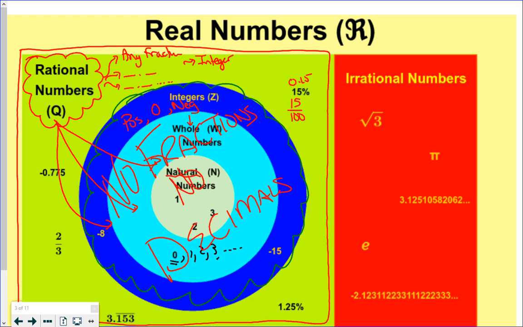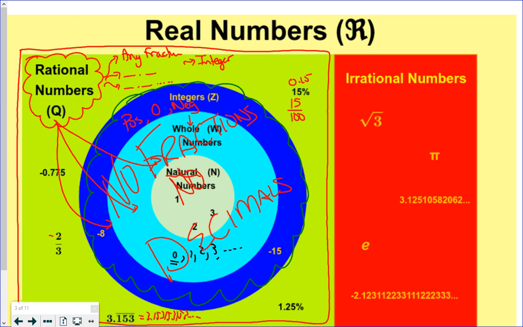Okay. 3.153 with the bar over the top means 3.153, 153, 153. So that is a repeating decimal. Okay. Negative 2/3. Negative 2/3 is a fraction.